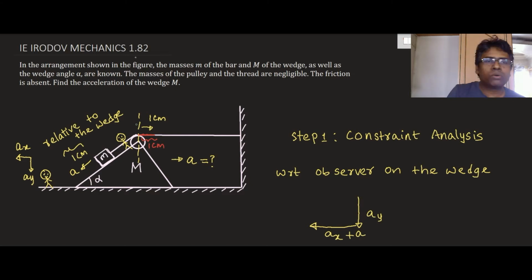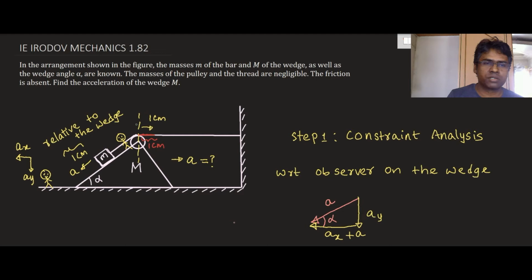Now, if I complete this vector triangle, this net acceleration, represented by this pink arrow, should have the magnitude of a. Obviously, this angle will be alpha because these accelerations are relative to the wedge.